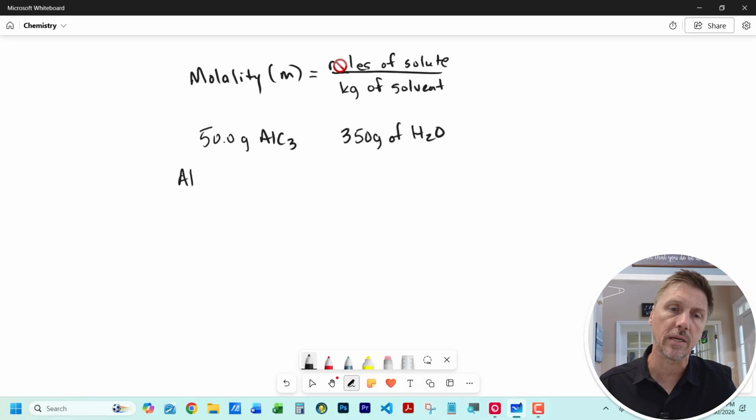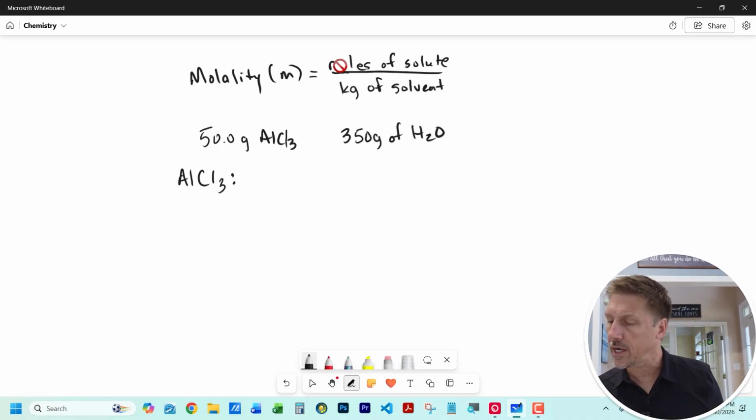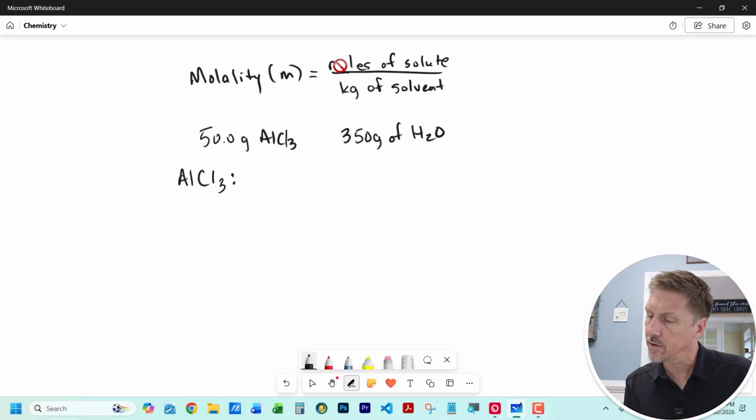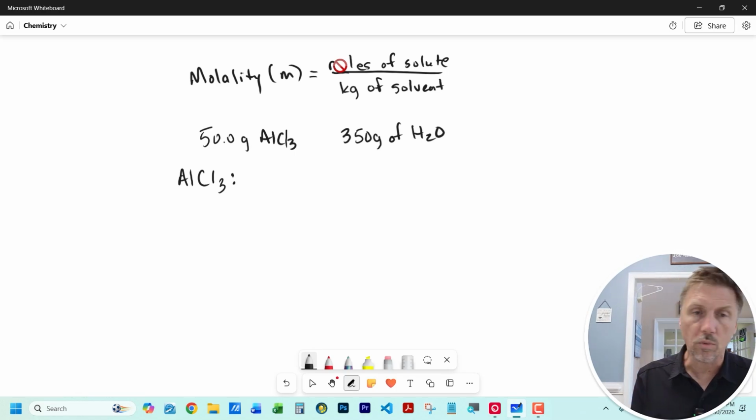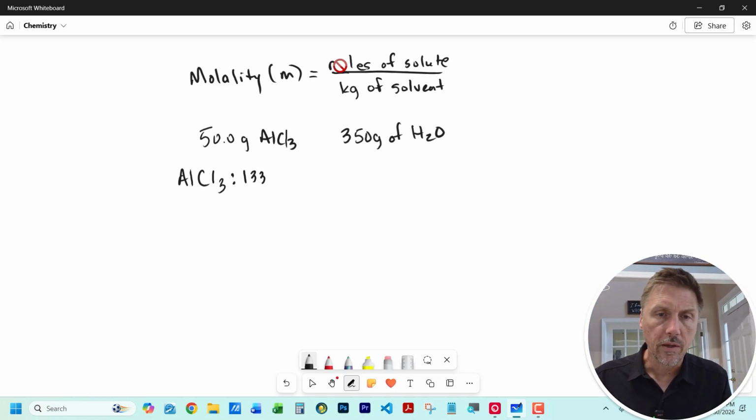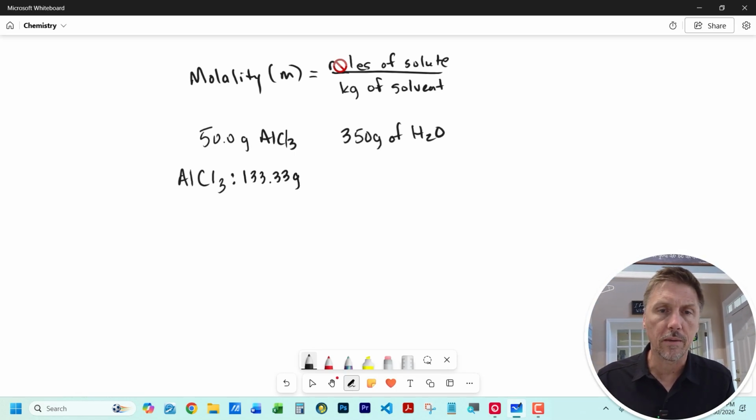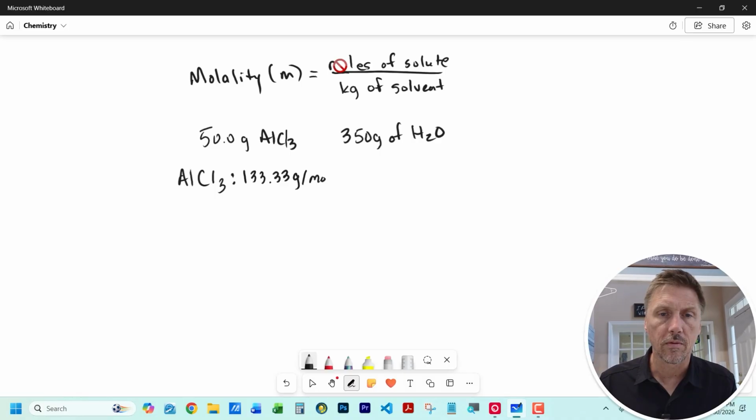And if we go to the periodic table and look up the molar mass, do the calculation to figure out the molar mass of AlCl3, we'll see that it's 133.33 grams per mole, right?